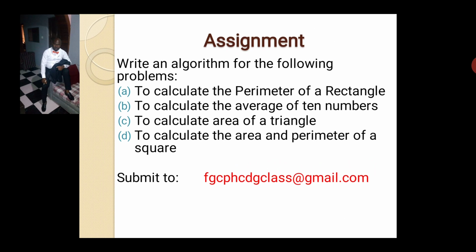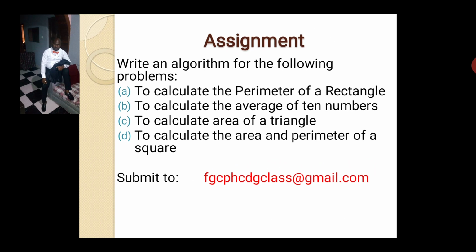A, to calculate the perimeter of a rectangle. Remember, the first thing you need to know is the formula. If you don't know the formula, you cannot write this algorithm. The first thing you do is to know the formula, then you write down the steps.